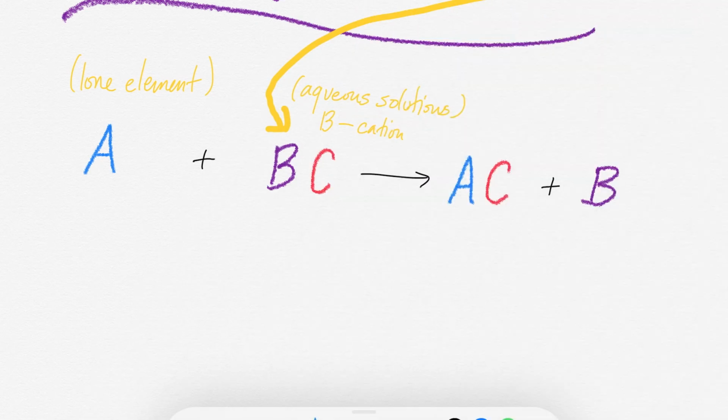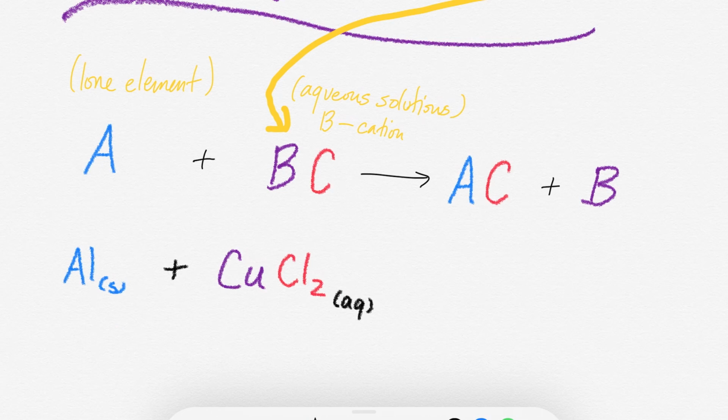So let's say that we were to take a piece of solid aluminum and immerse it in a copper 2 chloride bath. What's going to happen is that the aluminum, notice that the aluminum is an element, okay?